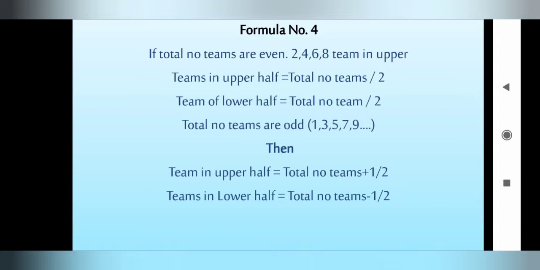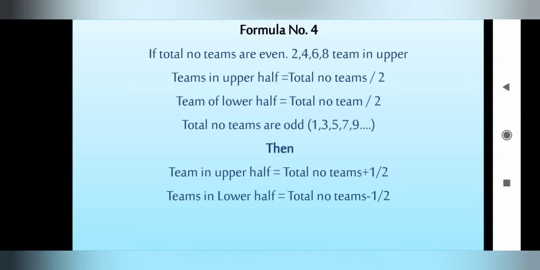And the second formula, in the lower half, is total number of teams minus 1 upon 2. Okay class, so this is for odd and even numbers, to know how many byes we give in the tournament, and also how many byes we give in the lower half and upper half.